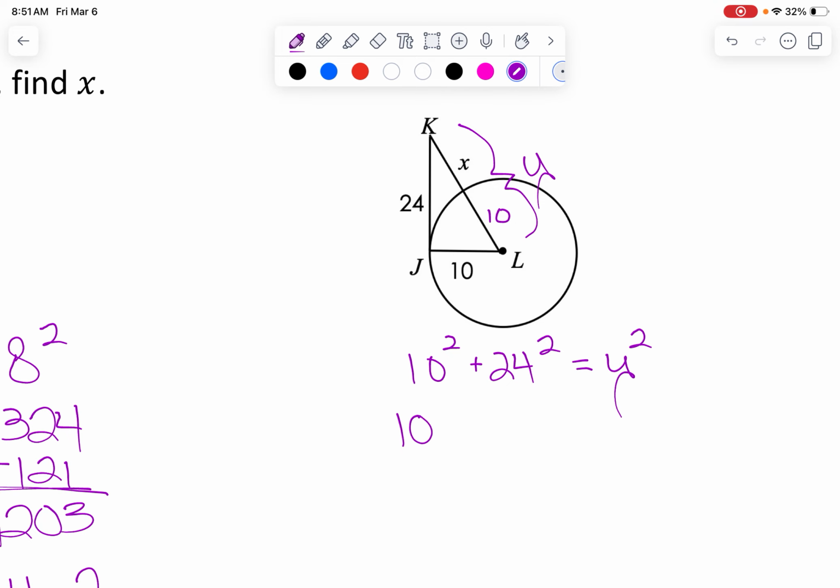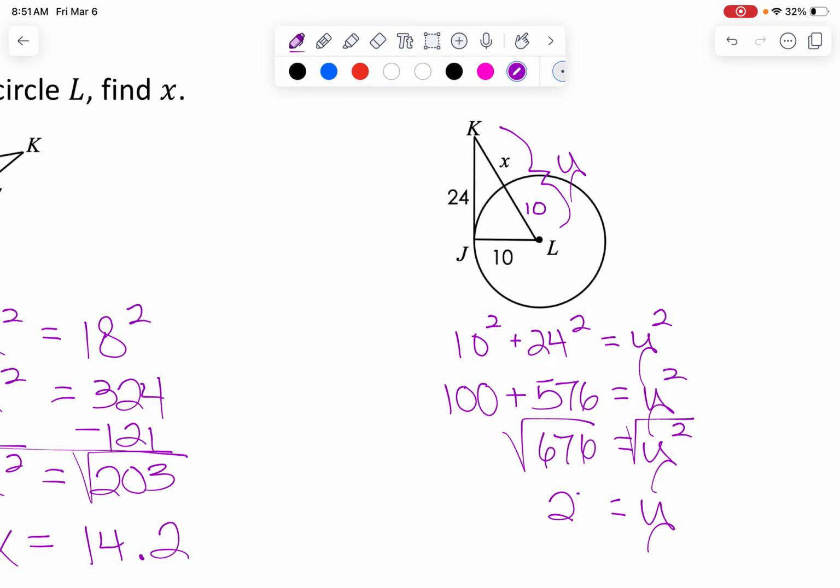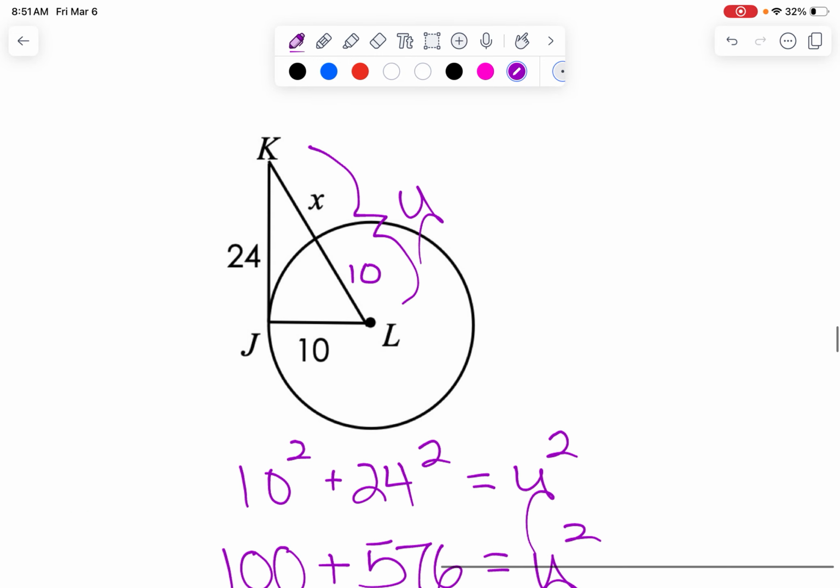All right, so 10 squared is 100. 24 squared is 576. So this is 676. Okay, if I take the square root of both sides, I get y equals 26. Okay, so now I know that this is 26.